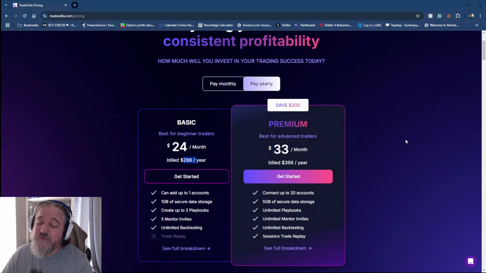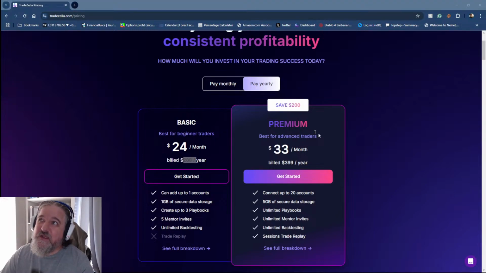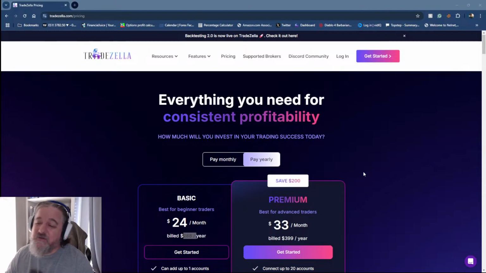The reason I go this route is directly from my broker, I can download a CSV file, and I can upload it directly into TradeZella, and it'll import my trades for me, and then I can just journal my actual text stuff that I'm going to put in. You can also add screenshots, and you can do that, I'm sure, with Stonks Journal as well.